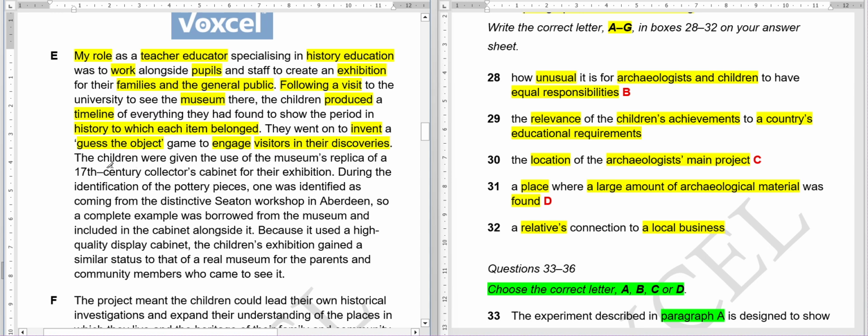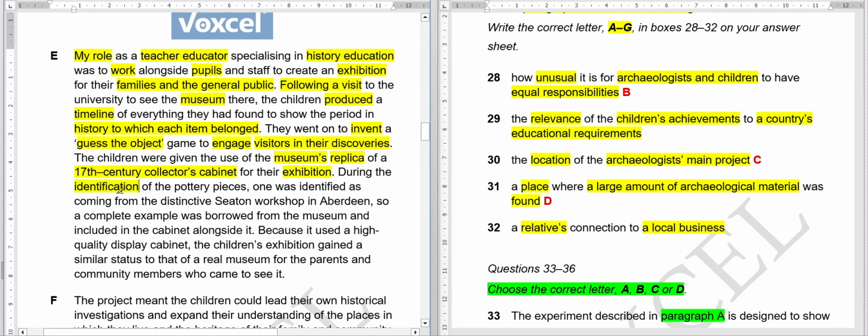Now they have also been given the use of the museum's replica of a collector's cabinet that belonged to the 17th century for their exhibition. During identification of the pottery pieces, one was identified as coming from the distinctive Seaton workshop in Aberdeen, so a complete example was borrowed from the museum and included in the cabinet alongside it.